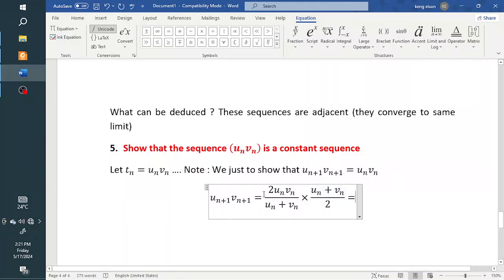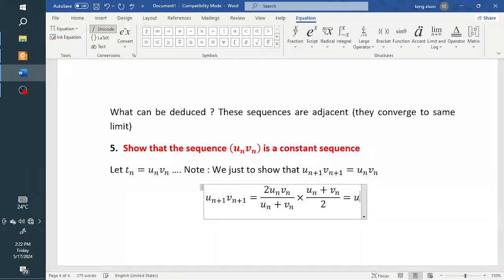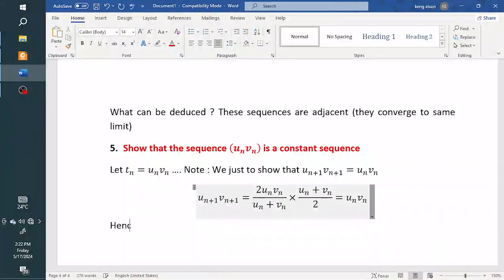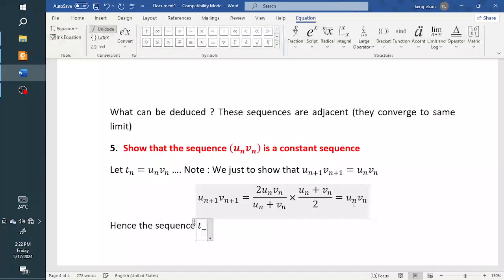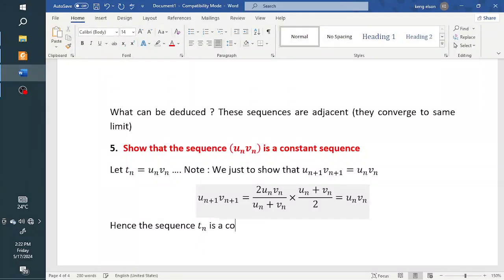You realize that 2 cancels 2, un plus vn cancels un plus vn. What will be left is un vn, which is equal to un vn. Hence, the sequence t of n is a constant sequence.